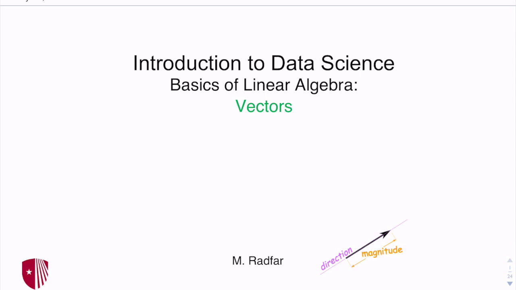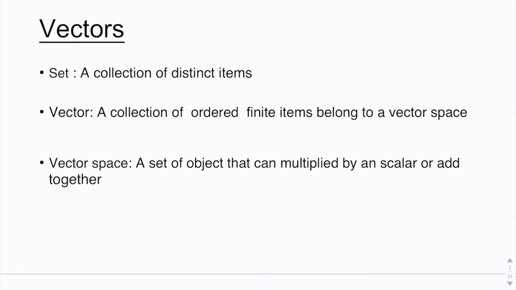Okay, so with this rather long introduction, let's first see what a vector is. In order to have a definition for a vector, we should have a distinction between vectors and sets. Sets, which are a topic in pure math, are a collection of distinct items.